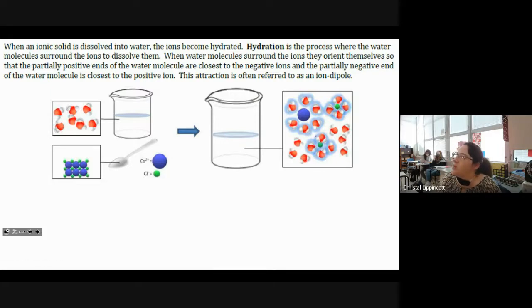And then there's other situations where all of your water will be occupied. You'll have ions where the water's surrounding ions, and all of that's occupied, and you've got extra ions left over. That's going to be saturated, and you're going to end up with extras on the bottom.